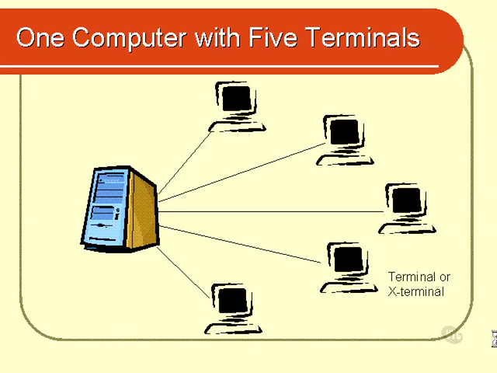Windows NT or Windows 2000 has just introduced the capability to run terminal-based applications, in other words, to have multiple users logged on simultaneously to the one computer. It's possible to do it, but that usage is not very widespread at the moment. Almost exclusively, Windows computers run in a network environment. Unix is capable of running in both environments, either as one computer with a series of terminals or as a network of workstations.